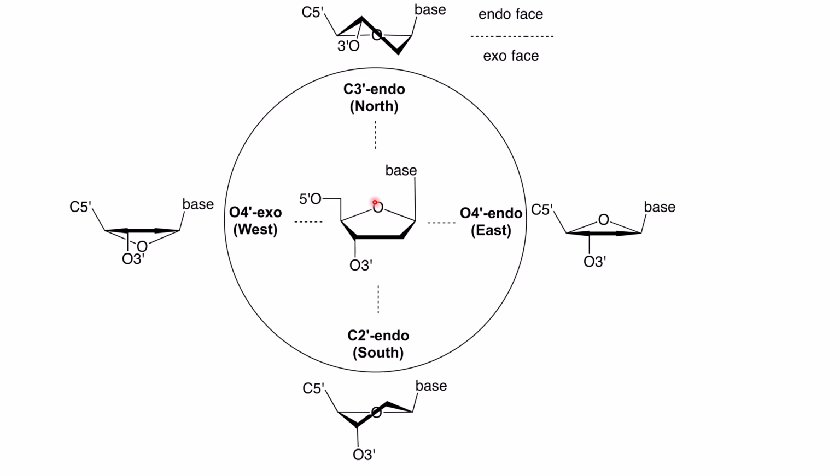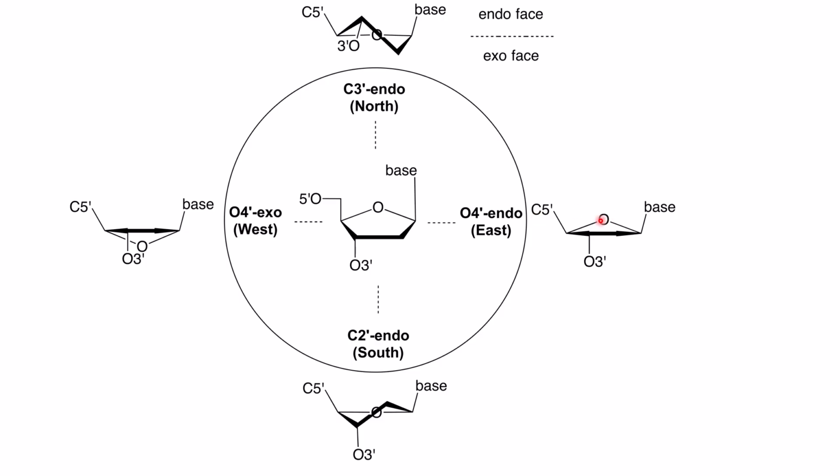If the oxygen atom attached to the sugar is positioned above the plane, like this, and it is on the same side as your C5 carbon atom, then it is endo conformation.